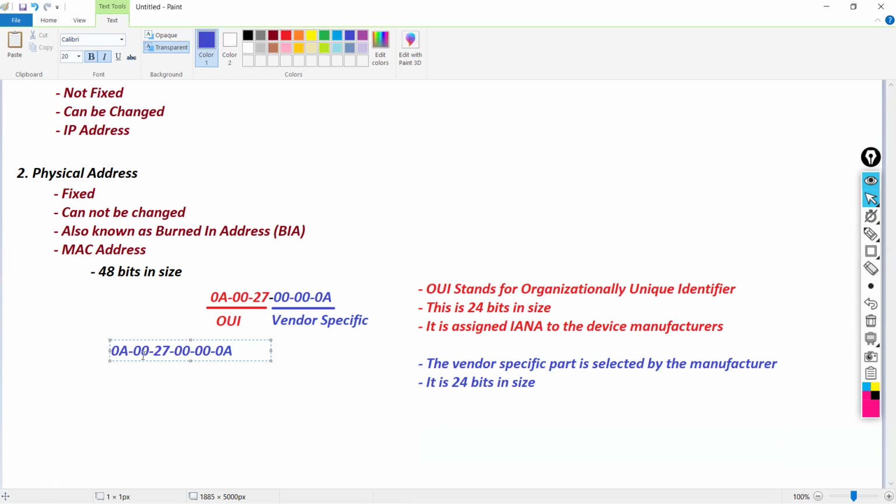So how is the MAC address defined? This is the way in Windows. Then here, if we use colons, this will be Linux.